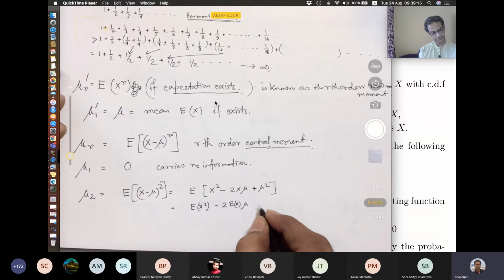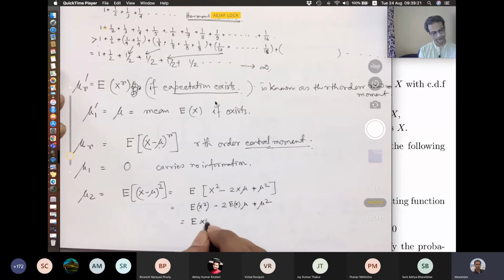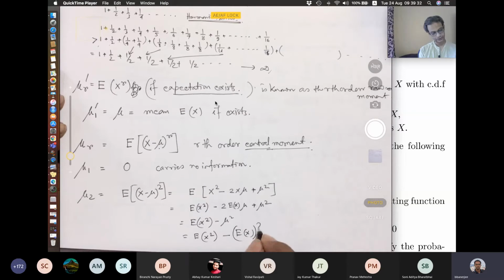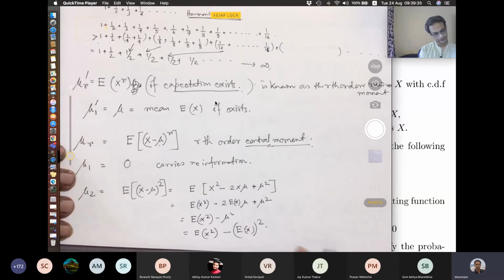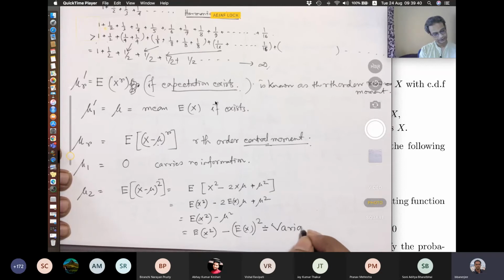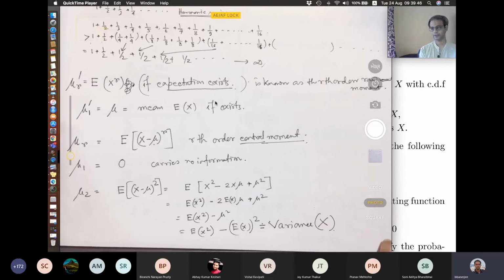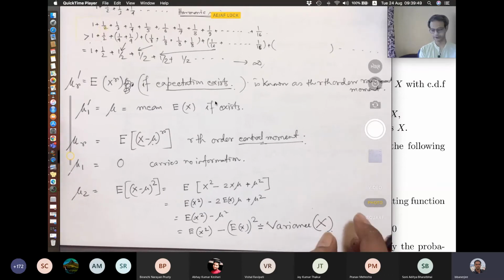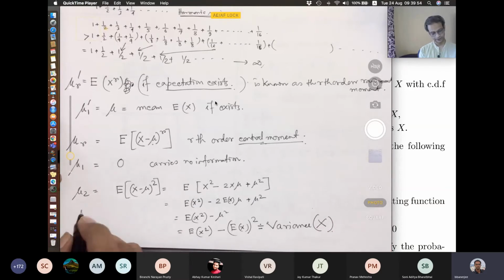Mu is a constant, so expectation will not have an impact on it, mu square. So it is expectation of x square minus mu square. So it is expectation of x square minus expectation of x whole square. And this is known as the variance of x. So I will come back to this name once again. So second order central moment.